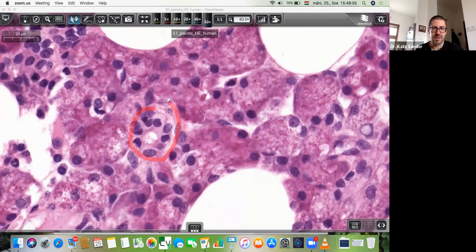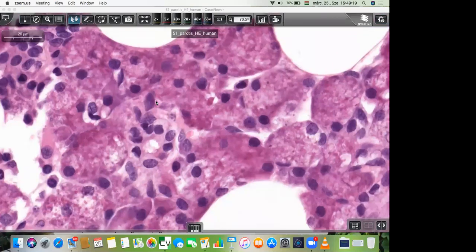This is an intercalated duct. Here we have the lumen, here we have the nuclei, and at the center of the cells, pale or lightly stained cytoplasm. So it's a typical intercalated duct. Okay, thank you. You're welcome.